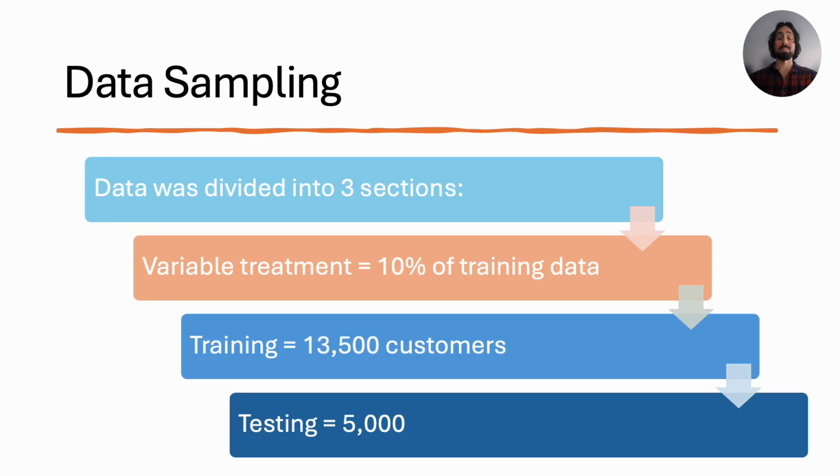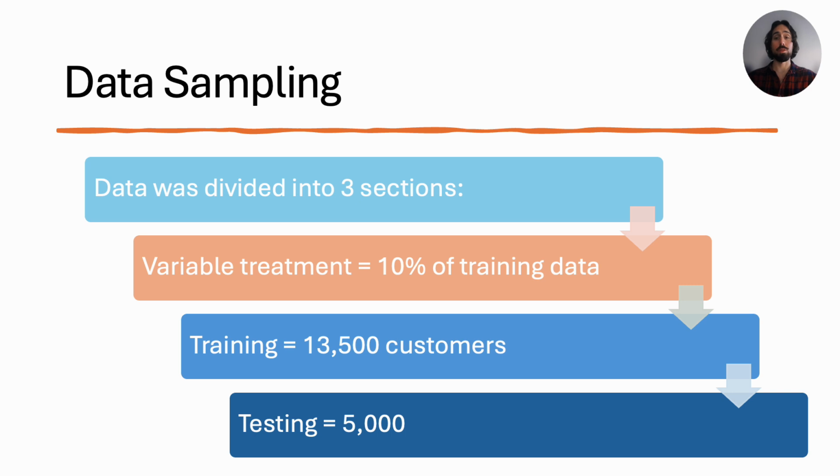Now moving on to our data sampling and enrichment techniques. The data originally contained 3 sections. Training data contained 15,000 household profiles, testing data contained about 5,000 profiles, and the prospective listing had about 6,000 profiles. For model development purposes, we used 10% of the training data for the V-treat process that aided in our data feature engineering.